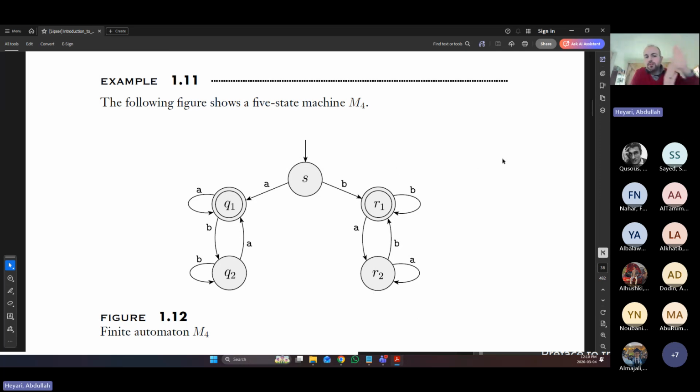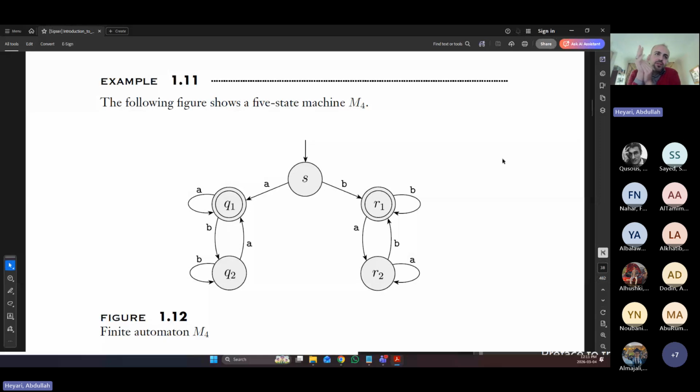But you cannot enter the left wing without reading the symbol A. You cannot enter the right wing without reading the symbol B. After you read either A or B, you have the option of accepting. You have the option of rereading more A's or reading more B's followed by an A or multiple A's. And something similar is happening at the right side, at the right wing.